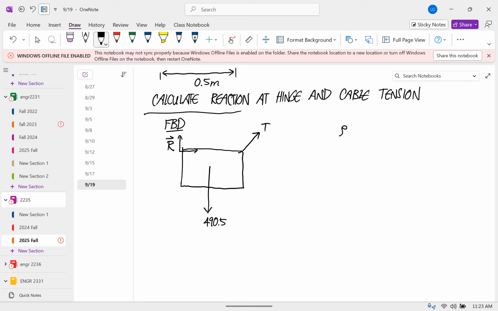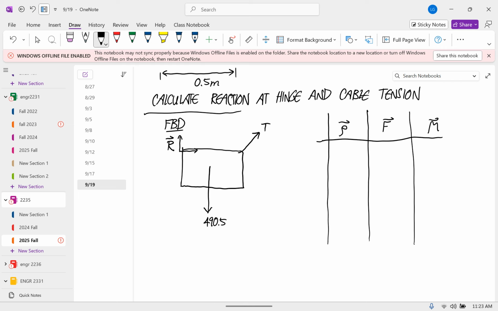Okay, and now I'm going to fill out the table: r, force, moment. Now that we have this, we're back to the questions like the ones you've answered. And so we have to choose an about point. It doesn't matter what point you choose, but I'll choose this one. It'll simplify the math a touch.